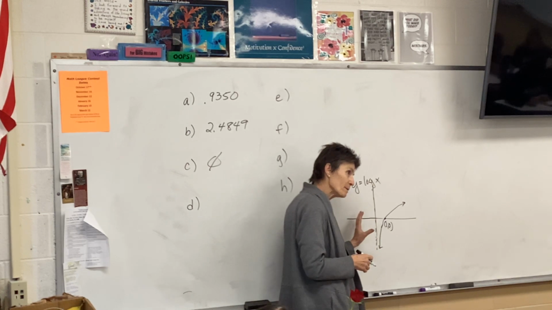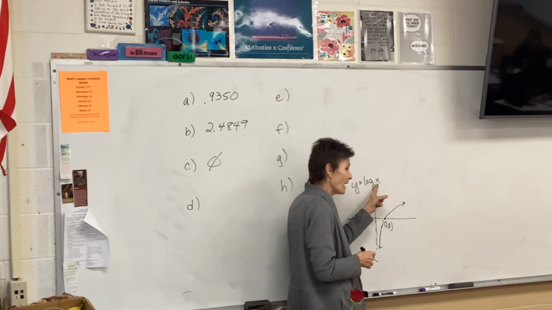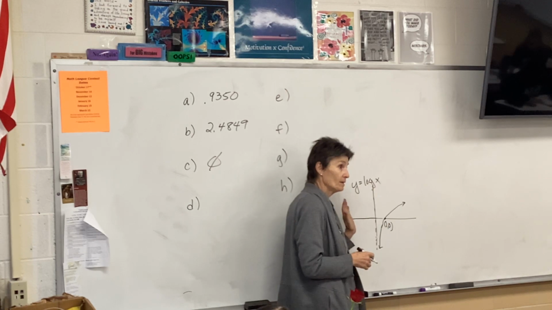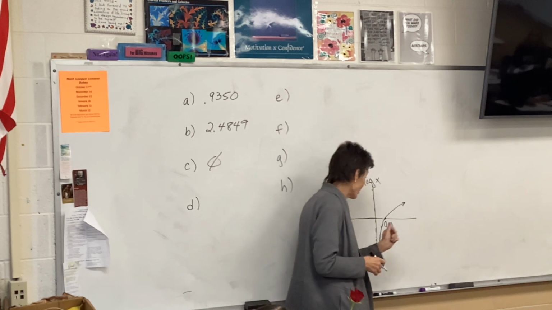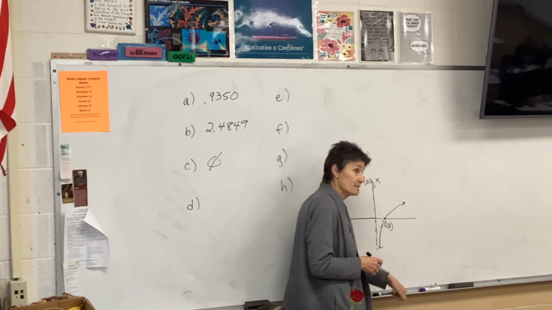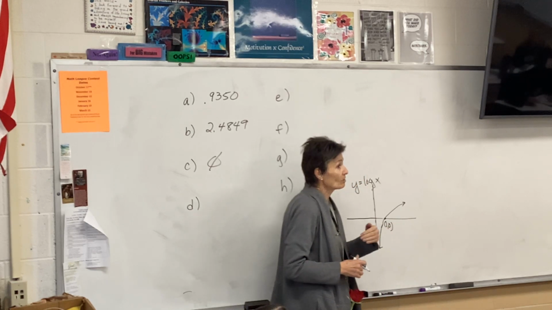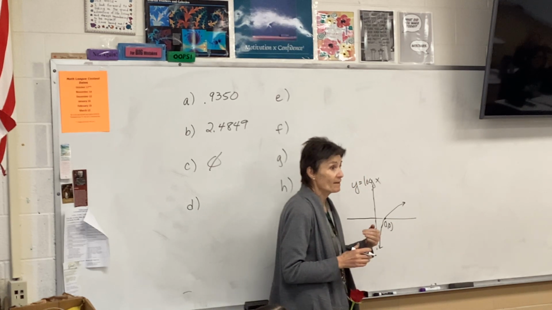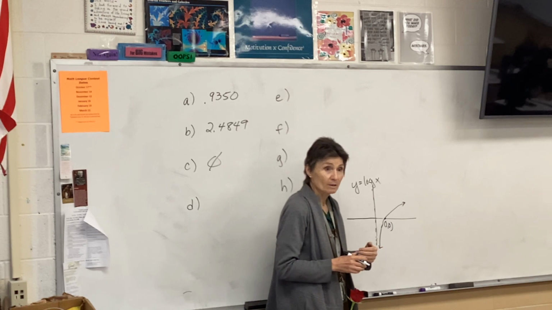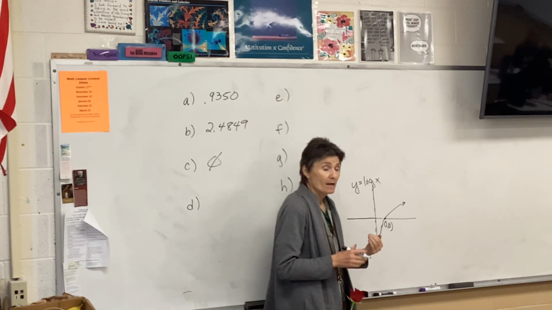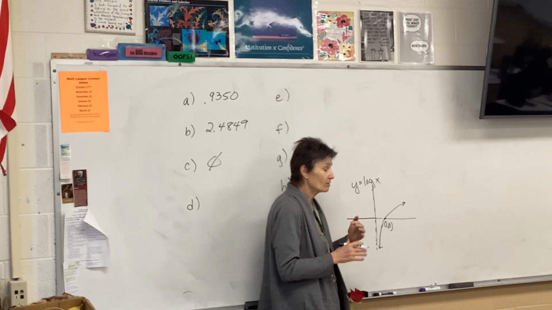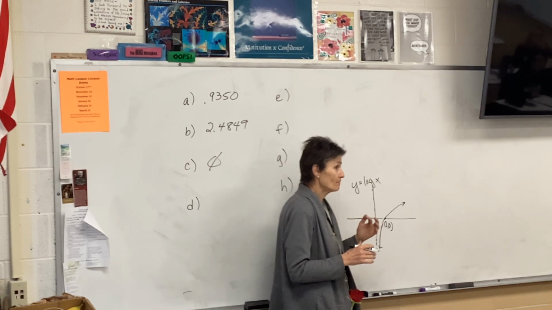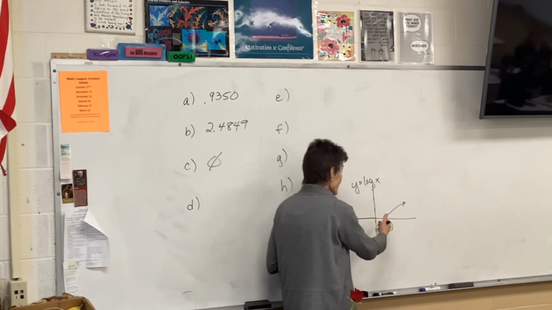What can you tell me about the X values in this? Look at this graph. X is always bigger than 0. You can't take the logarithm of a negative number. You can't, ever. Look, the domain is positive.